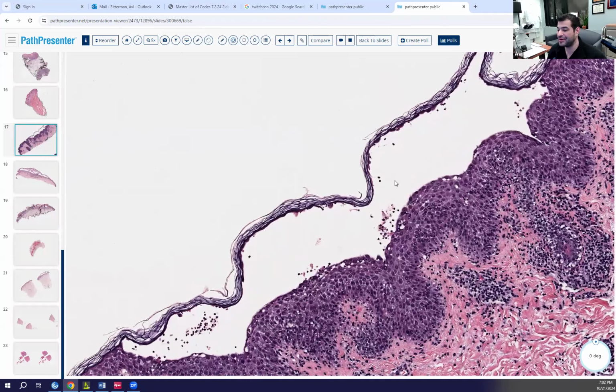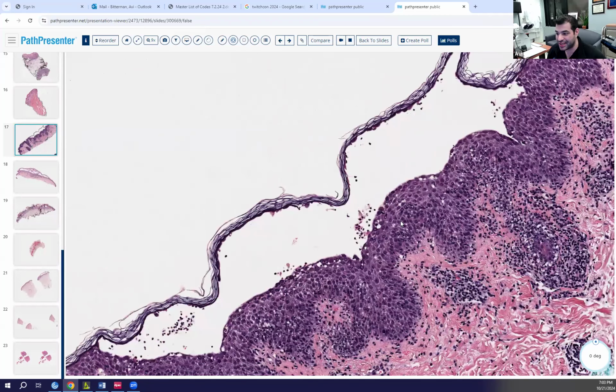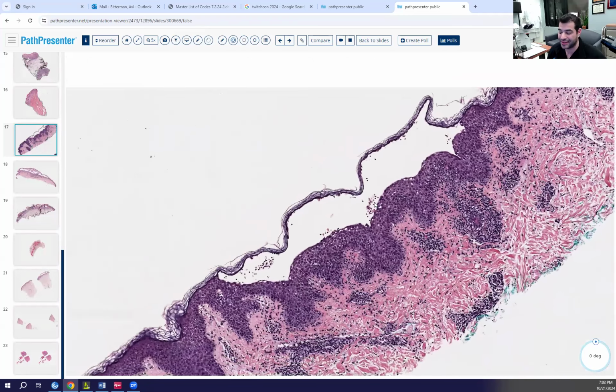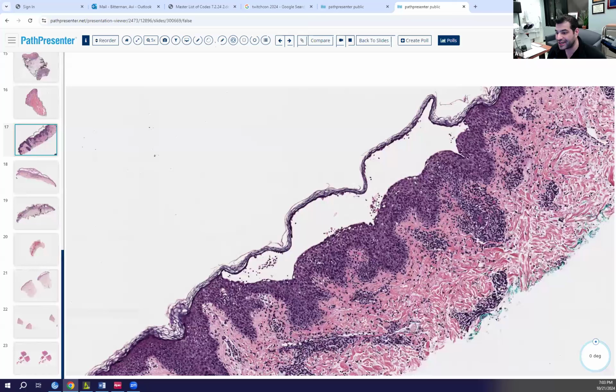It hasn't been contaminated, it hasn't been impetiginized, it's pauci-inflammatory. There's not a whole lot going on in here. It's clearly a subcorneal split. There also is a superficial perivascular infiltrate. And then they can maybe ask you, what will you see on DIF?